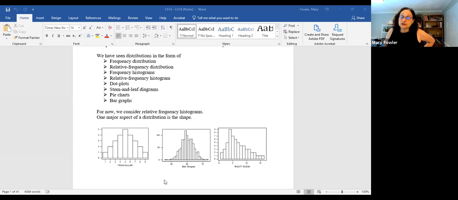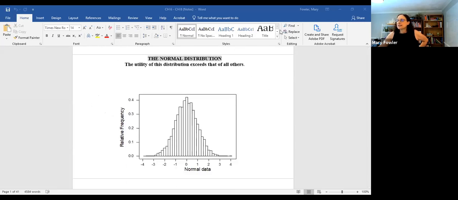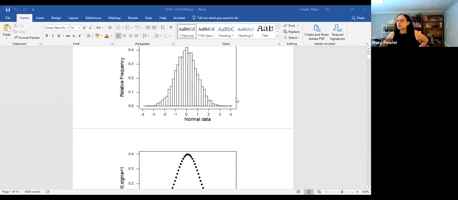So knowing the distribution actually changes your choices and your options in analysis, and that's why we spend time on it. But it is the case that the normal distribution, the bell-shaped distribution, has the highest utility. The utility of this distribution exceeds that of all other distributions.